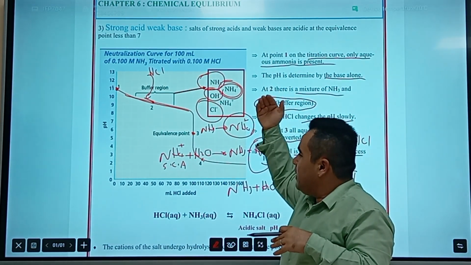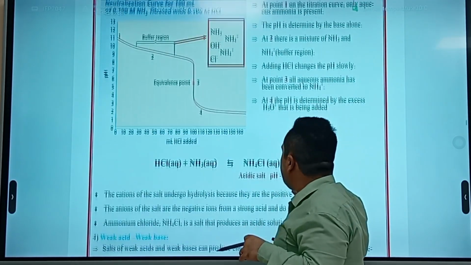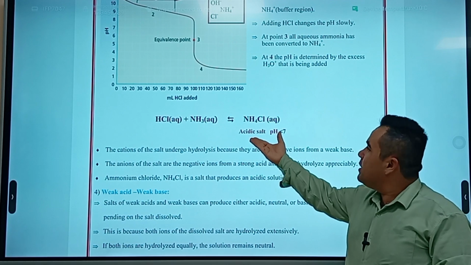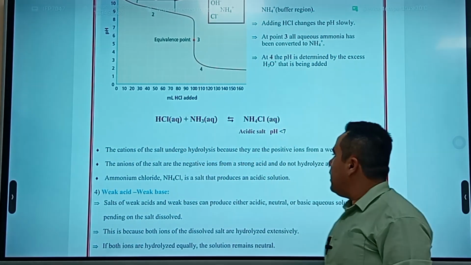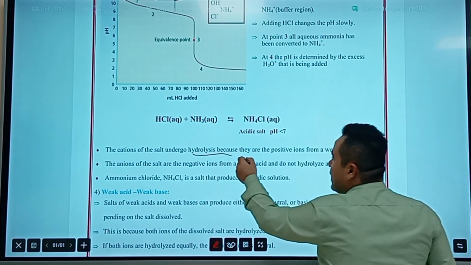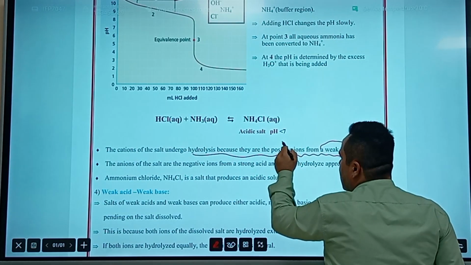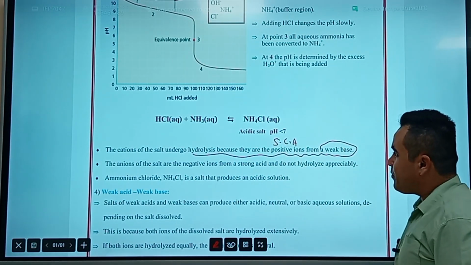In the above, there was anion hydrolysis, here the cation hydrolysis, and the cation hydrolysis will produce an acidic salt. The cation of the salt undergoes hydrolysis because it is the positive ion from a weak base. A positive ion from a weak base is a strong conjugate acid.